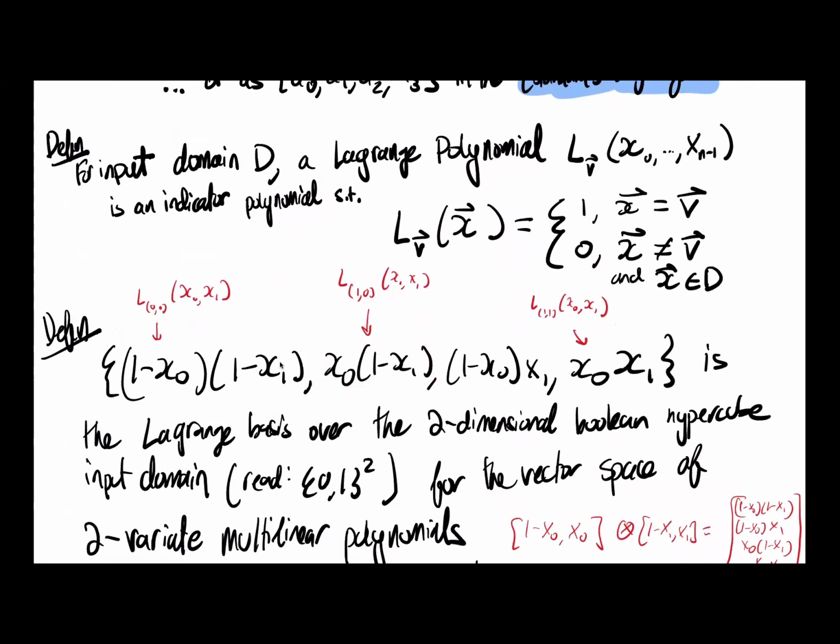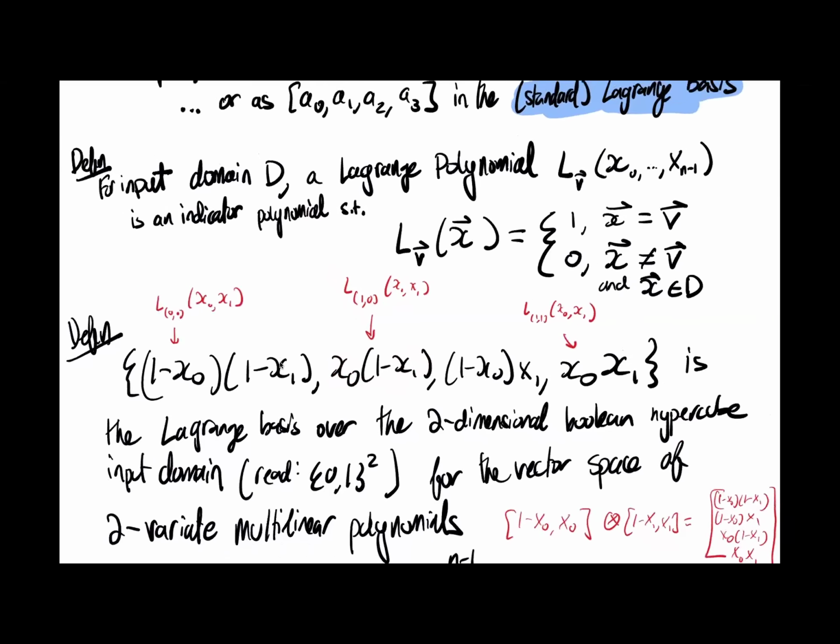Let's say I pass in 0, 0, then this equals 0. But if I pass in exactly the same fixed bit string for which this Lagrange polynomial is defined, 1, 0, x0 is 1, x1 is 0, then this will evaluate to 1. Clear, thank you. Okay, cool.